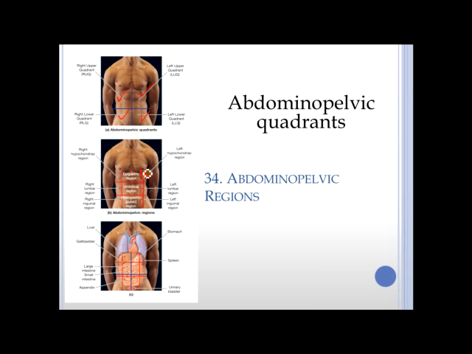If you want to take a look at this: left hypochondriac region, left lumbar region, left inguinal region, epigastric, umbilical, hypogastric, right hypochondriac, right lumbar, right inguinal. We generally use the 4 quadrants for assessment, but there are actually 9 regions. Just be aware of that.